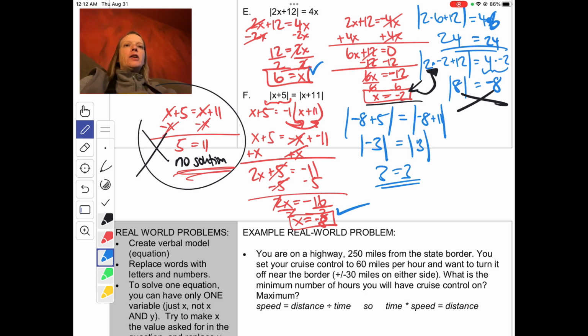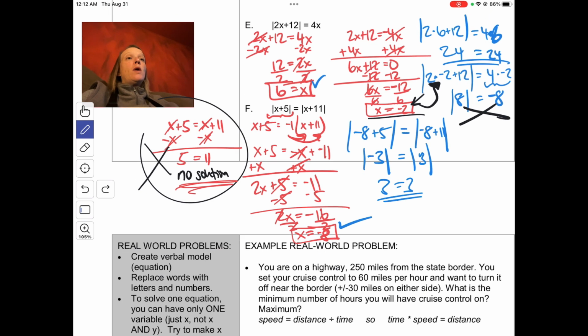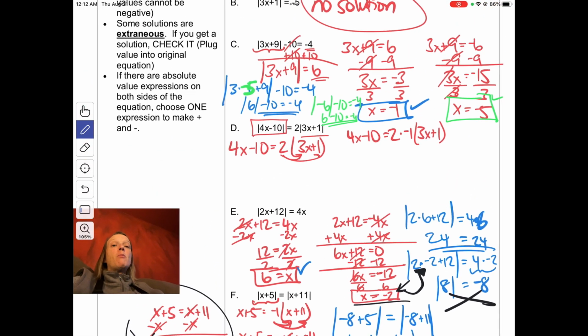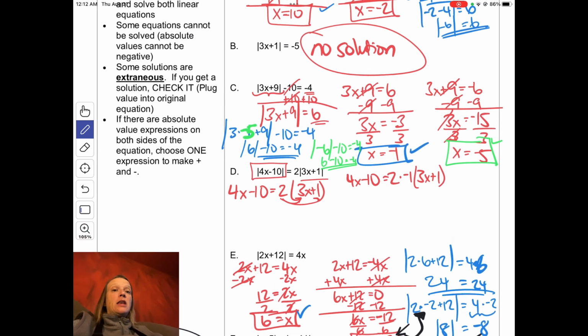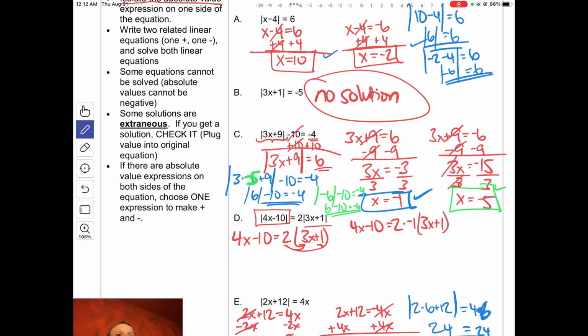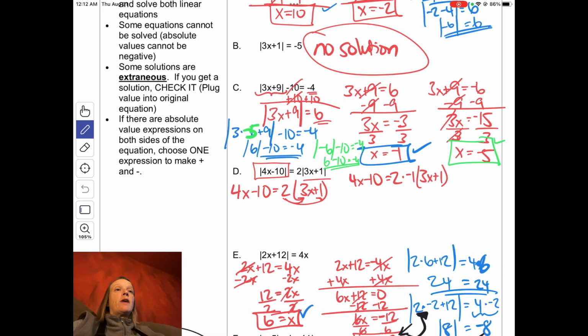One thing I'd like you to notice about these problems is that you are more likely to get an extraneous solution when you have x in more than one location in your problem. In question A, x only appeared once and both of our solutions were valid.